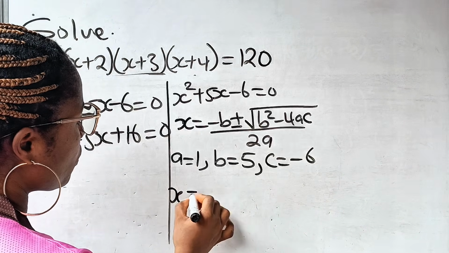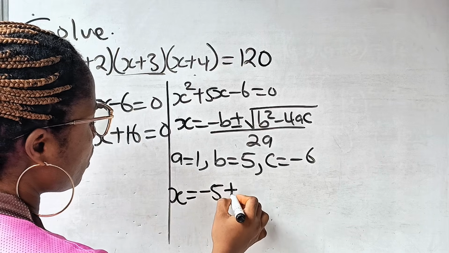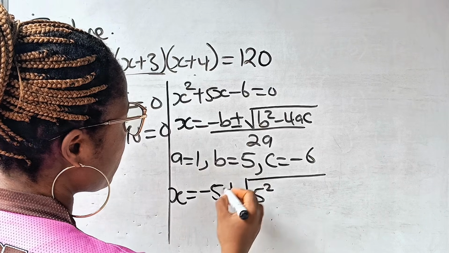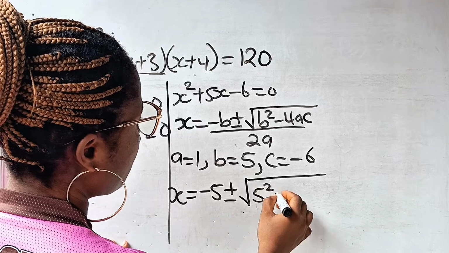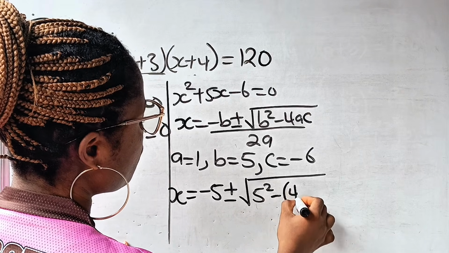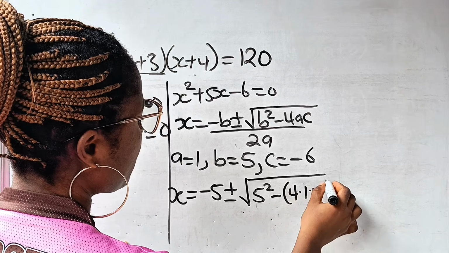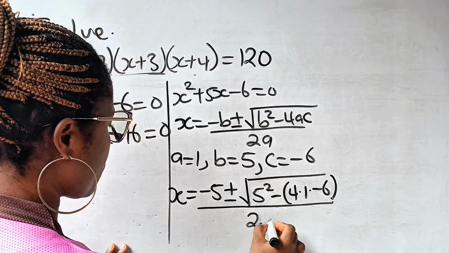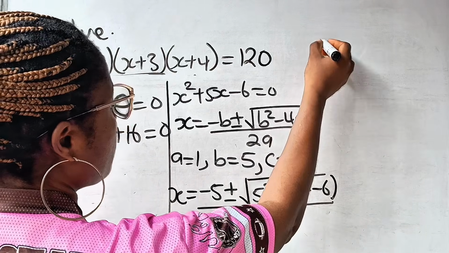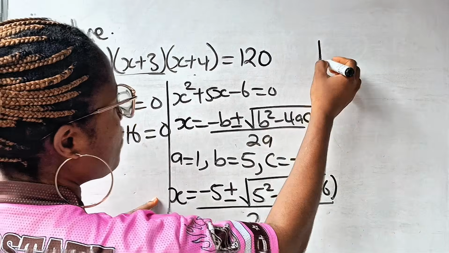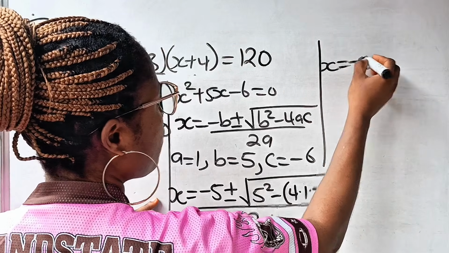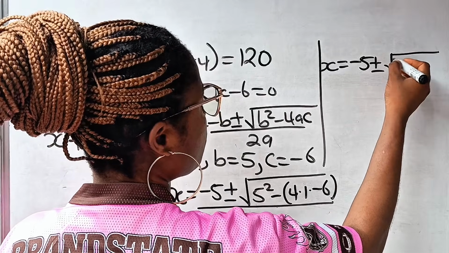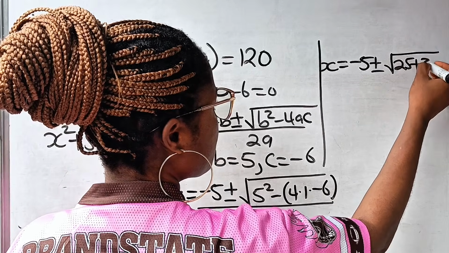So x will be equal to negative 5 plus or minus square root of 5 squared minus 4 multiplied by 1 multiplied by negative 6, everything divided by 2 multiplied by 1.